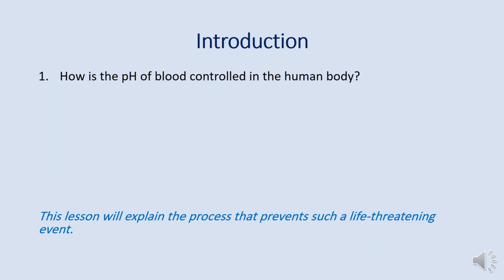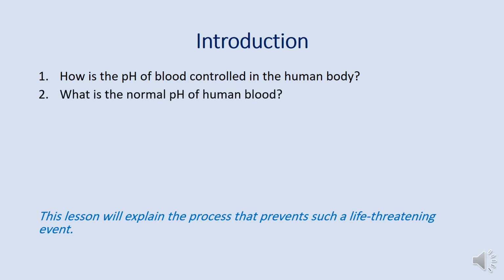So, let us begin with an introduction by asking you several interesting questions. The first question: how is the pH of blood controlled in the human body? The answer for this question will be at the end of the lesson.